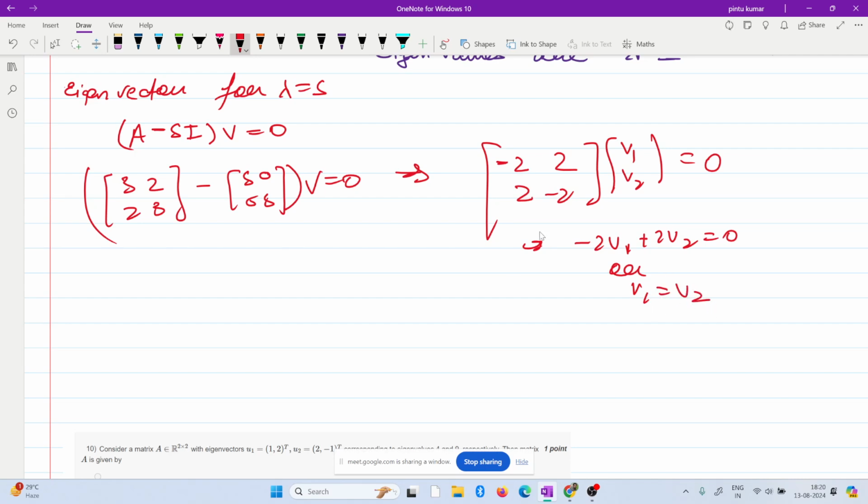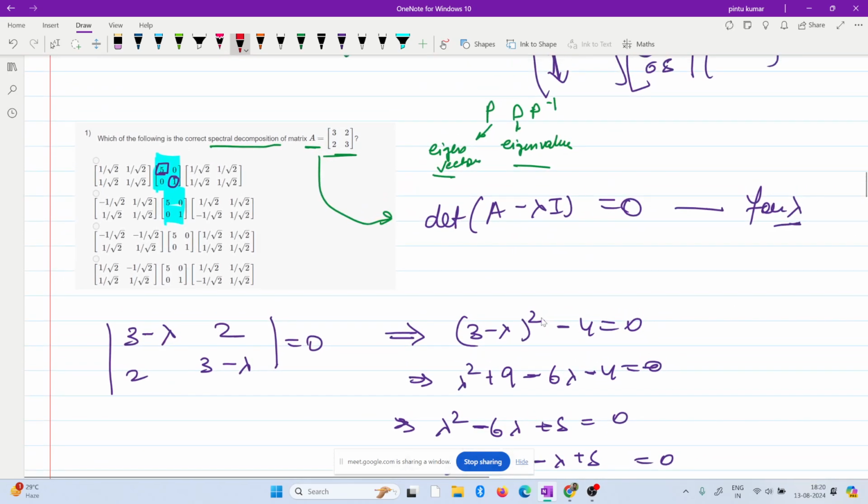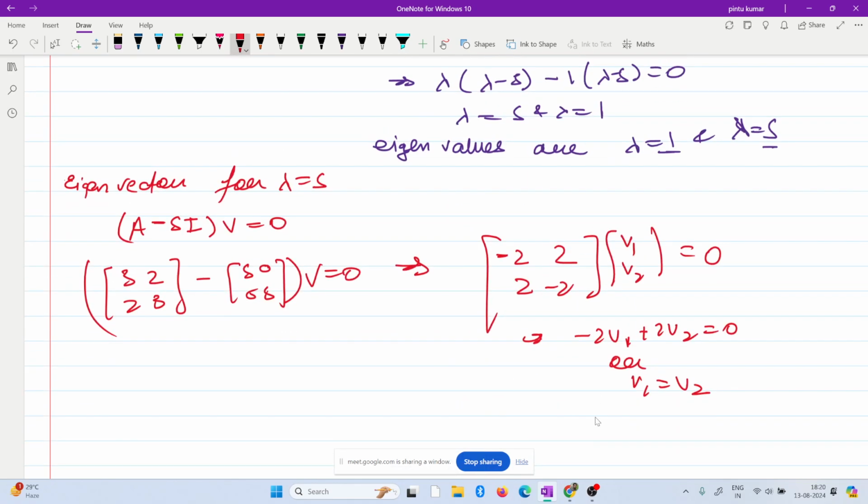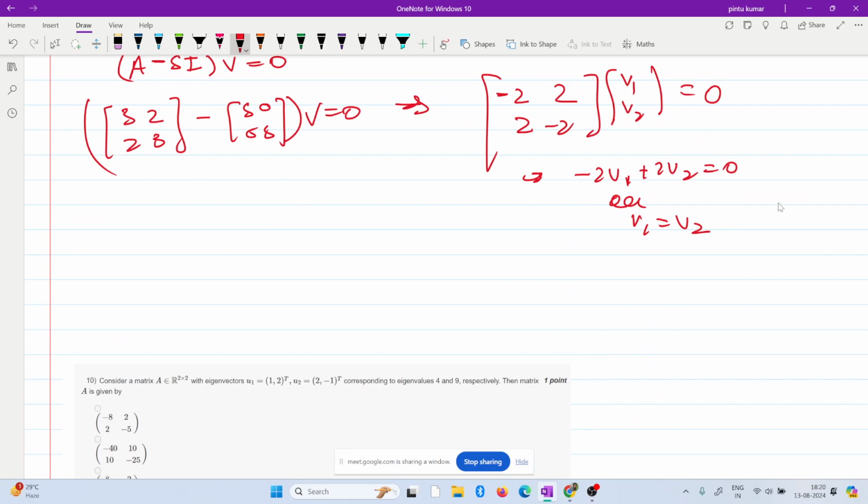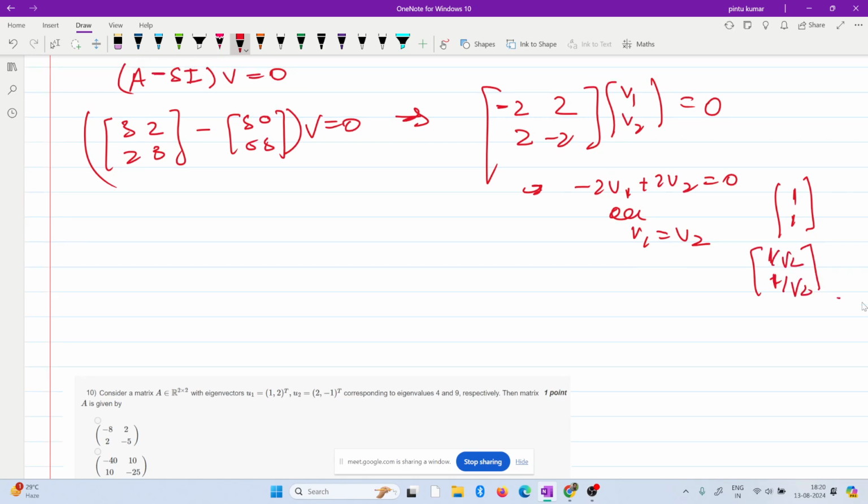So the eigenvector would contain v1 is equal to v2, right? So we can have an eigenvector as 1 comma 1. If we normalize it, we will obtain 1 by root 2, 1 by root 2.